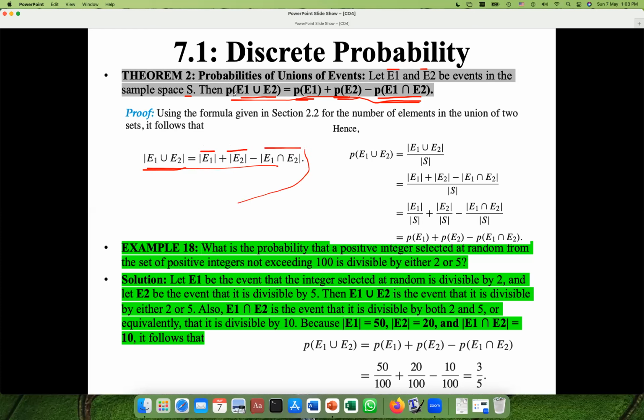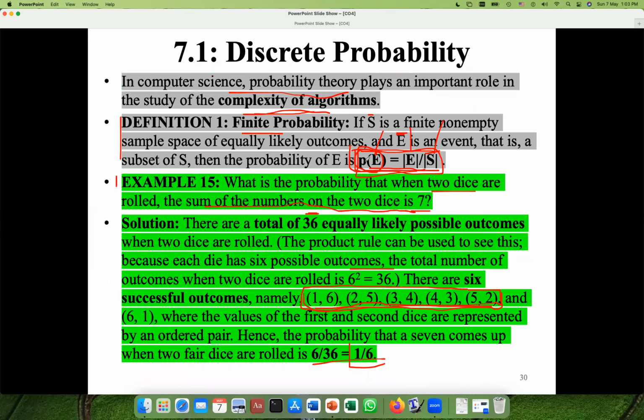Now, we want to build that equation. How? The probability of E1 union E2 is the left-hand side of the equation for the theorem. How do you normally write an equation for probability?